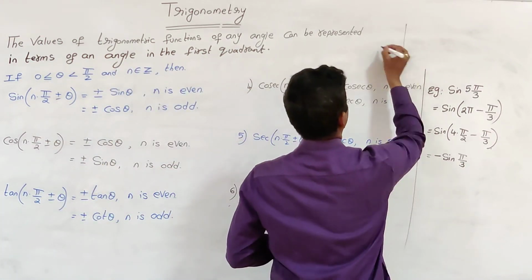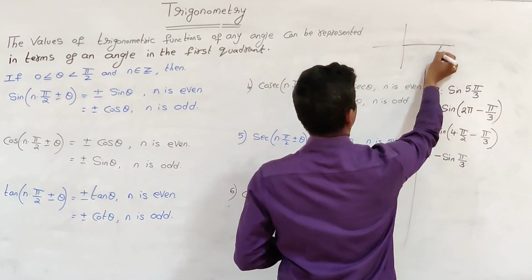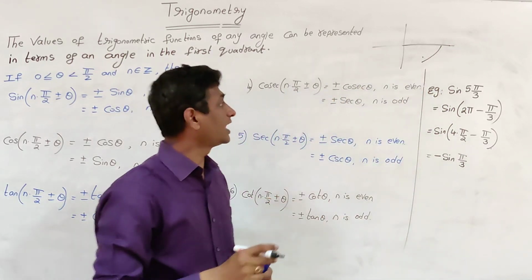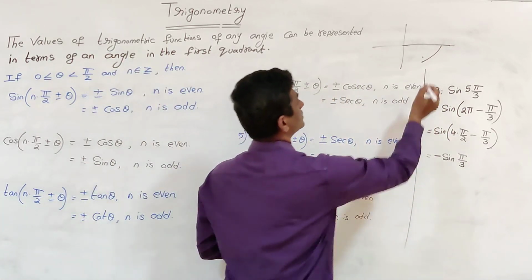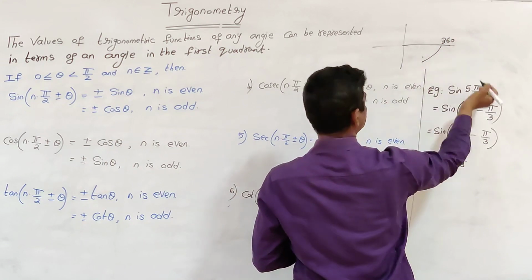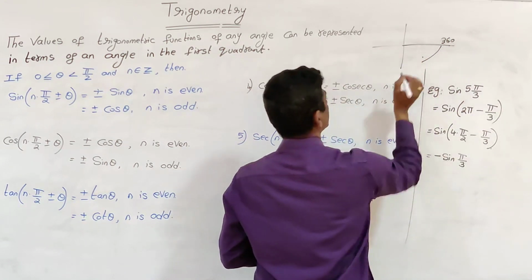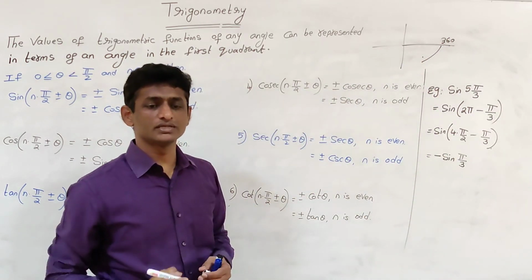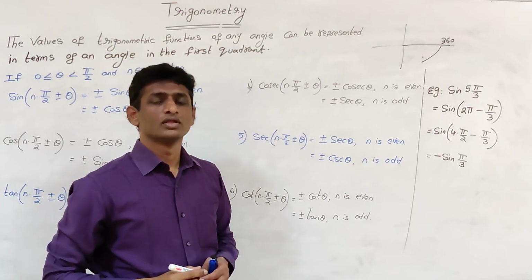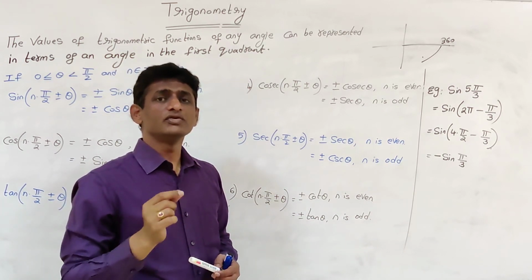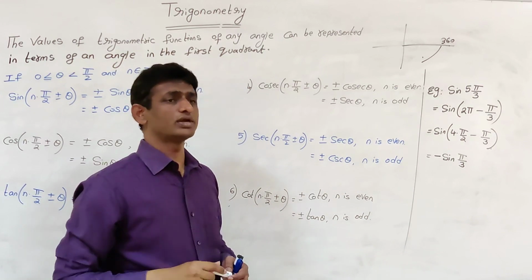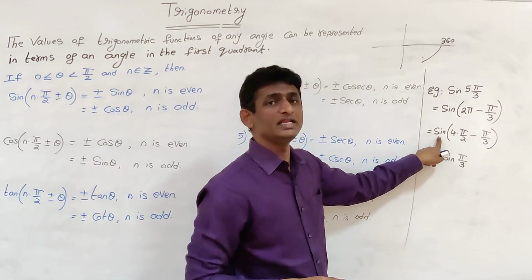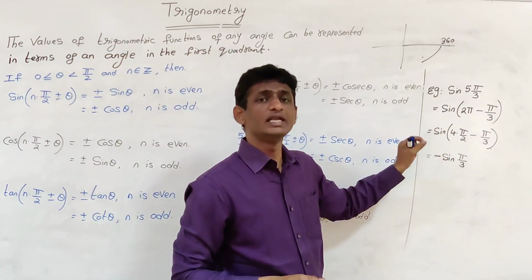If you consider this is our 360 degrees, minus pi by 3 means it is an angle of 300 degrees. So it lies in the fourth quadrant. In the fourth quadrant, the sine will be negative.